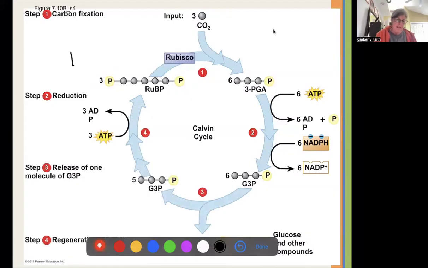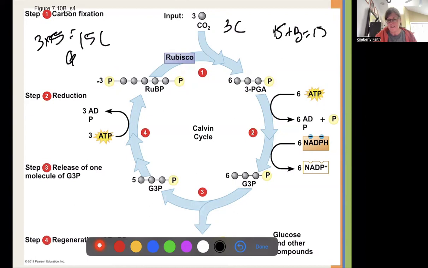So we have 3 of these, we have 5. So 3 times 5, 15 carbons. Plus 3 carbons. That's 15 plus 3, that gives us 18, right? That's what we have here, 18 carbons.